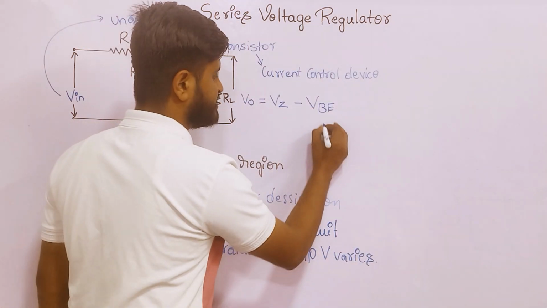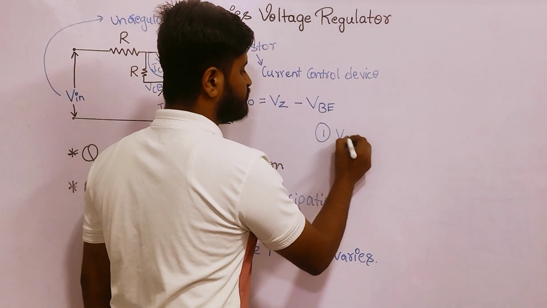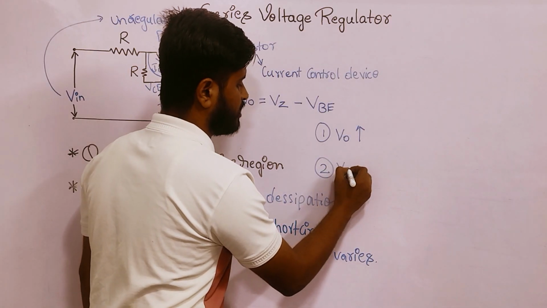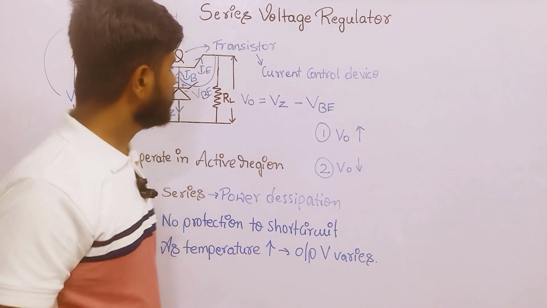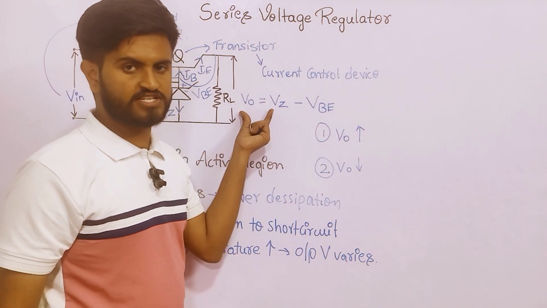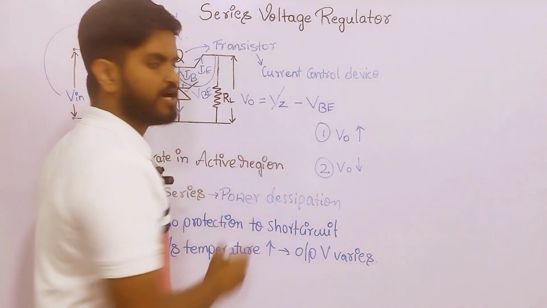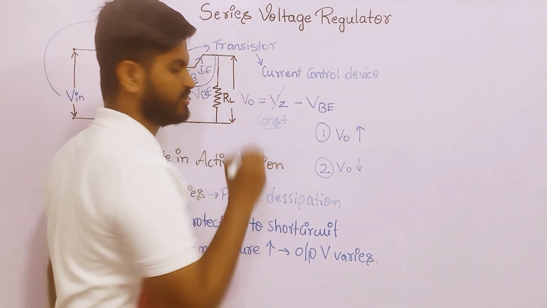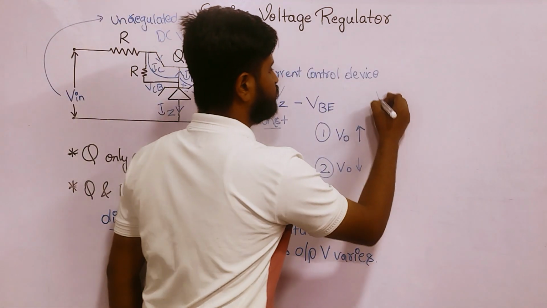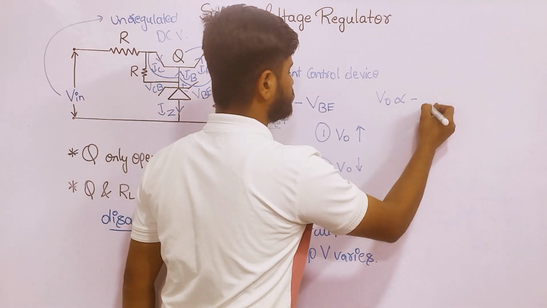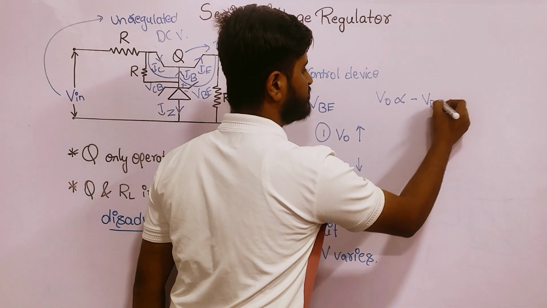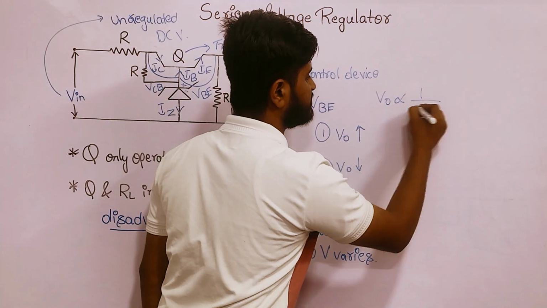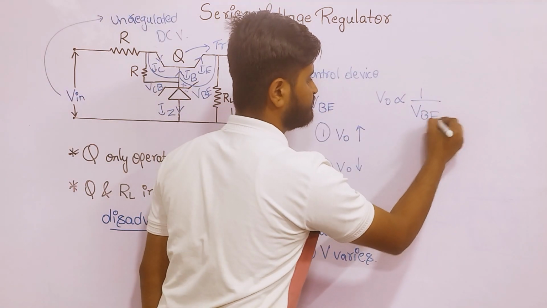So let's see the two conditions: the first when my output voltage increases, and the second when my output voltage decreases. The formula for the output voltage is here, and we know that the Zener voltage will always be constant. So you can tell that V output is inversely proportional to VBE.